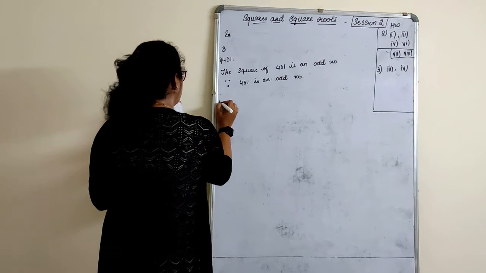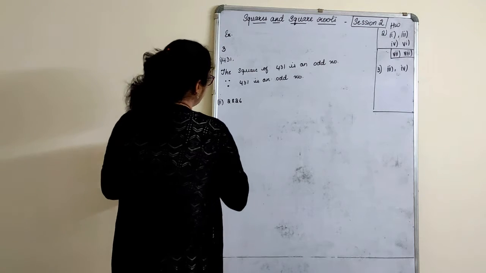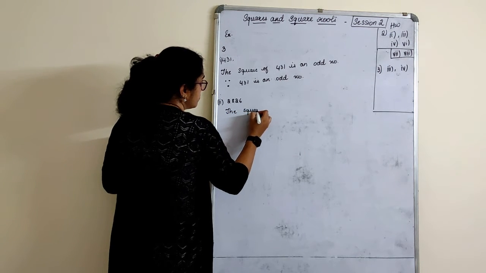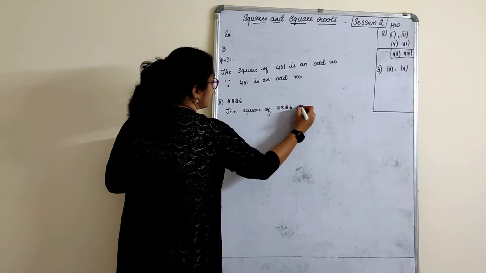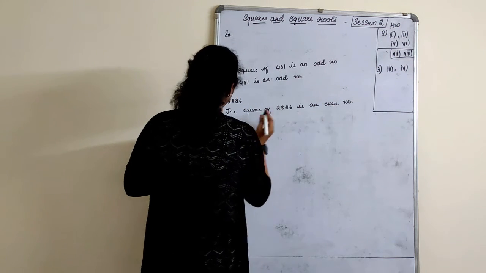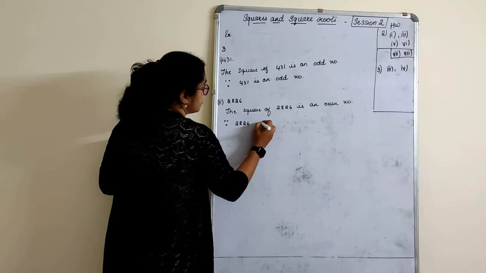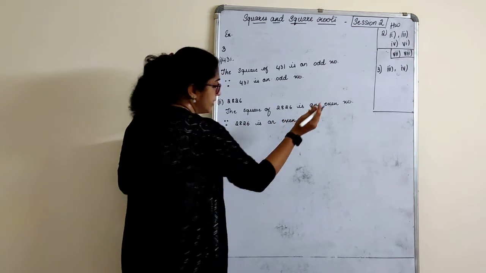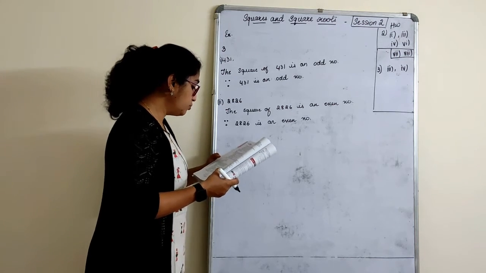For the second one, 2826, the square of 2826 is an even number because 2826 is an even number, right? It's very simple. We'll quickly move on to the next one.